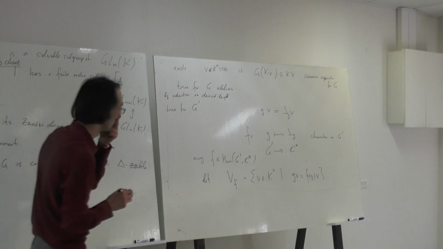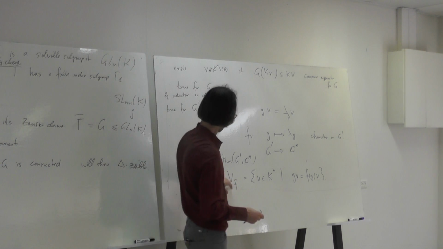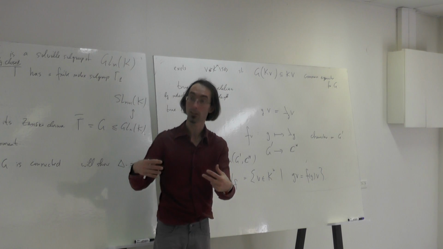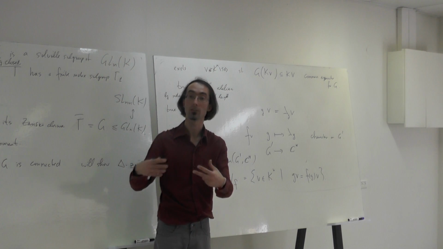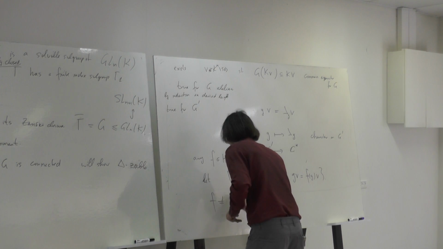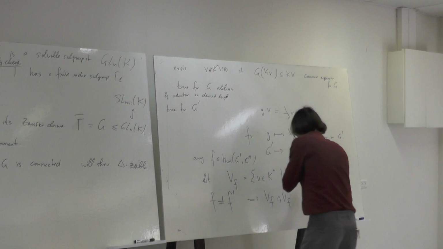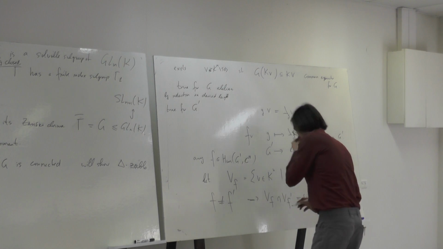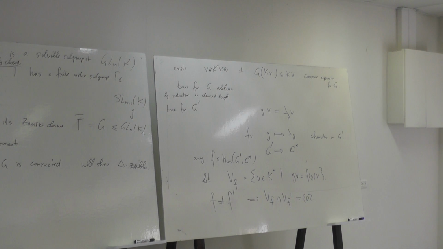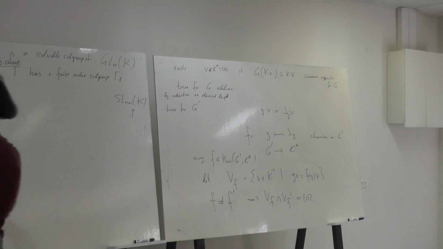Then different characters give subspaces with trivial intersection. It's an easy exercise. So f not equal to f prime means that V_f intersect V_f prime is trivial.